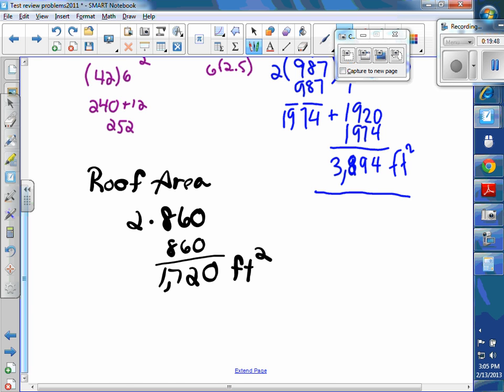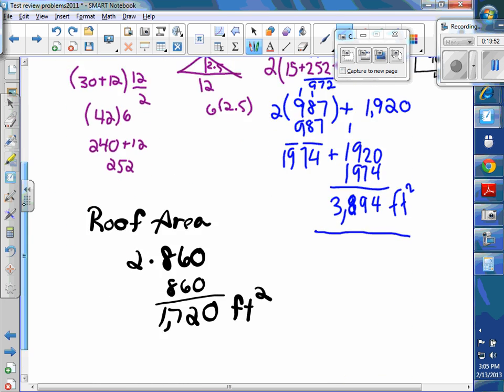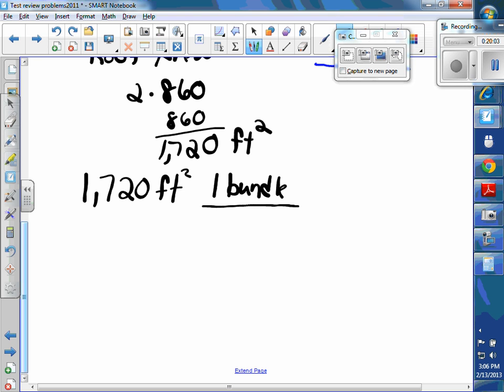So for shingles, we know it's $65 a bundle and it covers 100 square feet. So for the shingles, you take this, and we know one bundle covers 100 square feet.